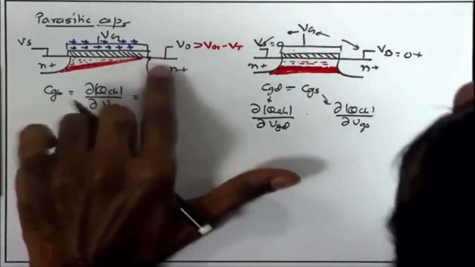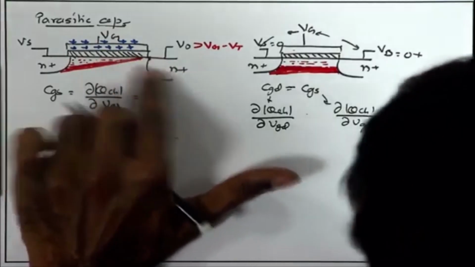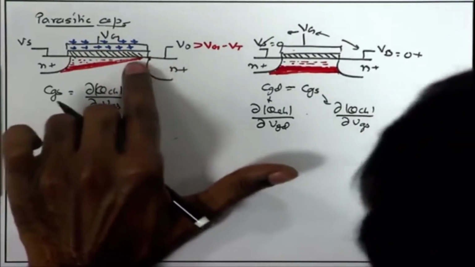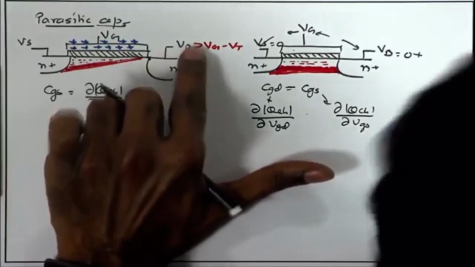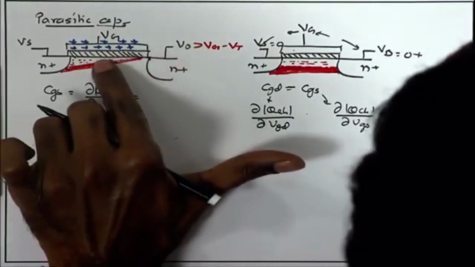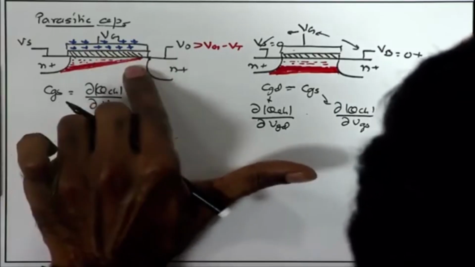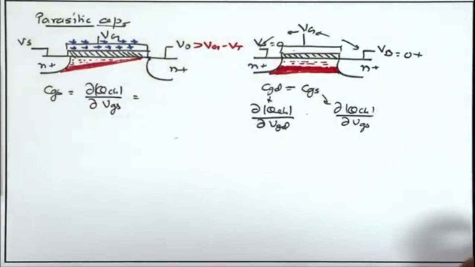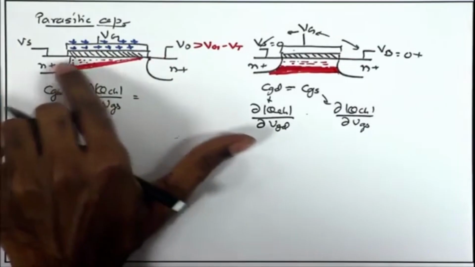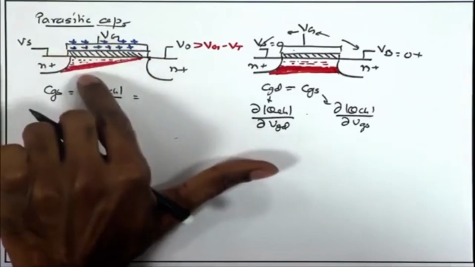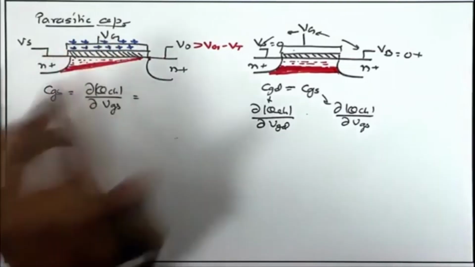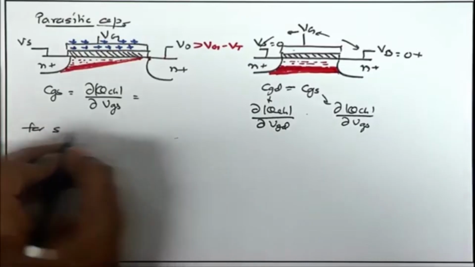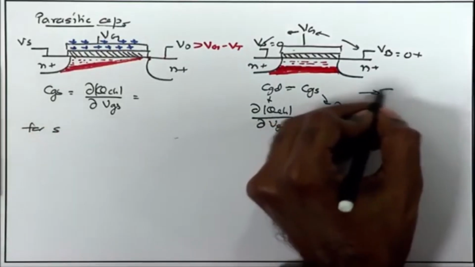So, drain is losing control on the channel charge. It is having very weak control only because of the channel length modulation. If you increase the drain voltage by a large amount, it will shift a little bit further. So, it does have some control, but a very small amount. So, for the saturation region, we say that the control of gate to source voltage on channel charge is much stronger. So, this is for saturation, and the earlier one is for the triode.